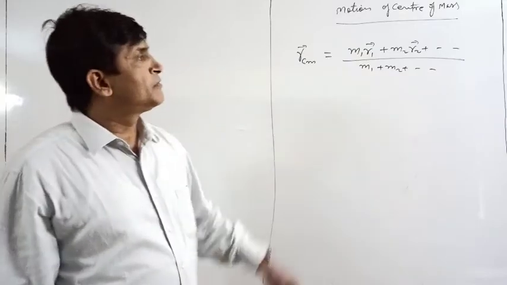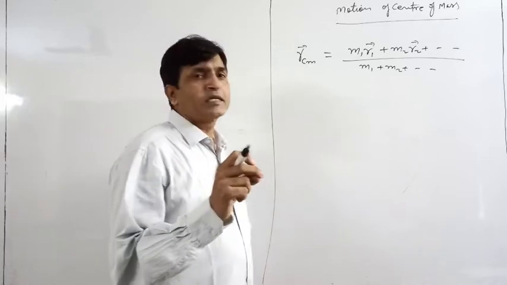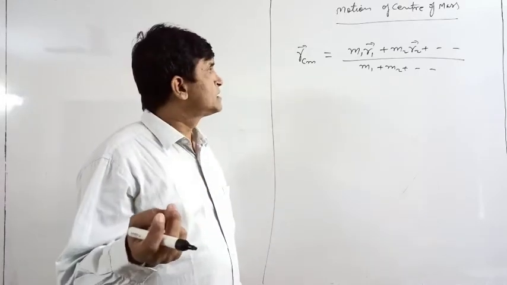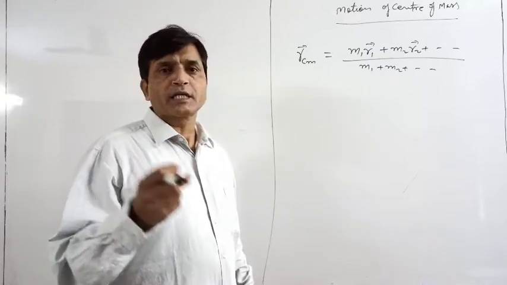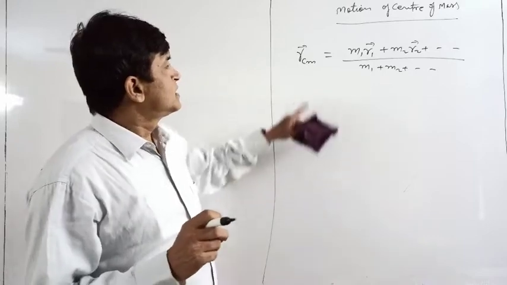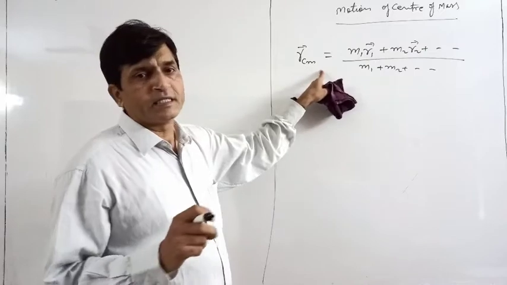Here M1, M2 are the particles and R1, R2 are the positions of those particles. That also can be said as the center of mass location of those particles from a certain reference point. So the system has center of mass RCM is this.